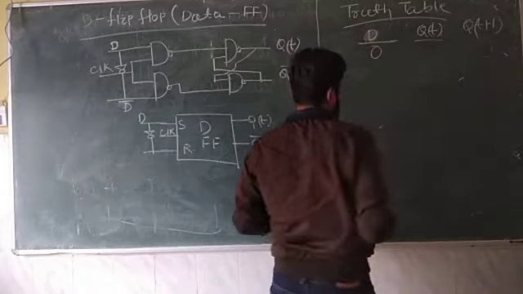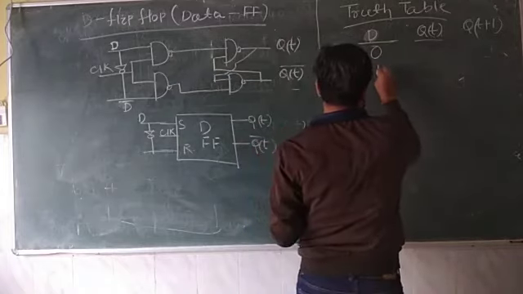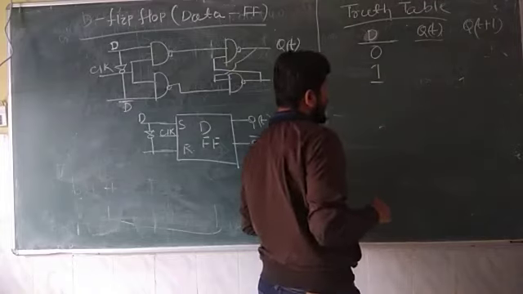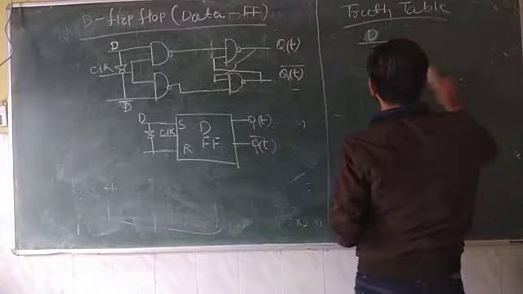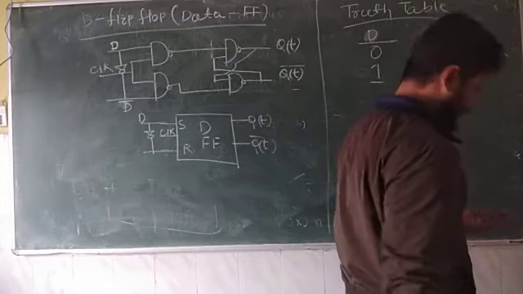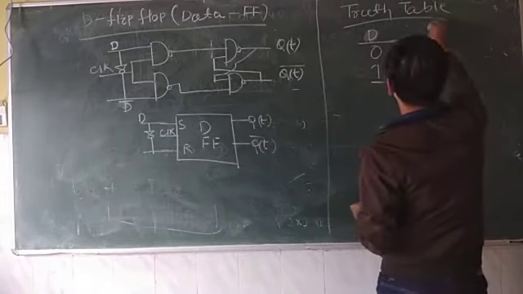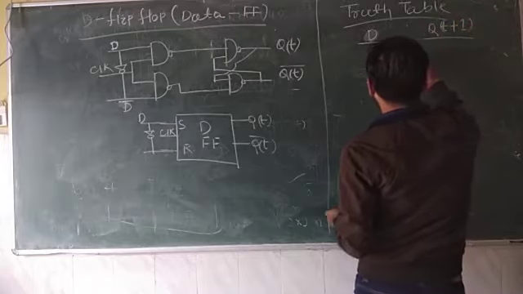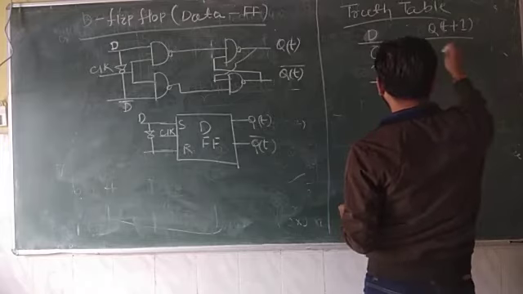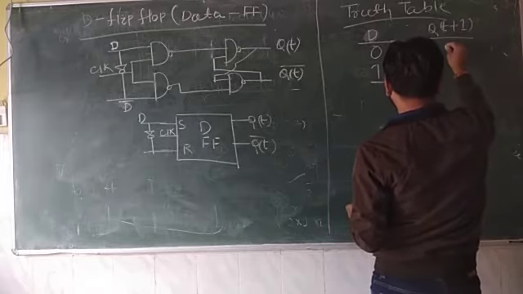In this case D can be either 0 or 1, and here you have QT plus 1.